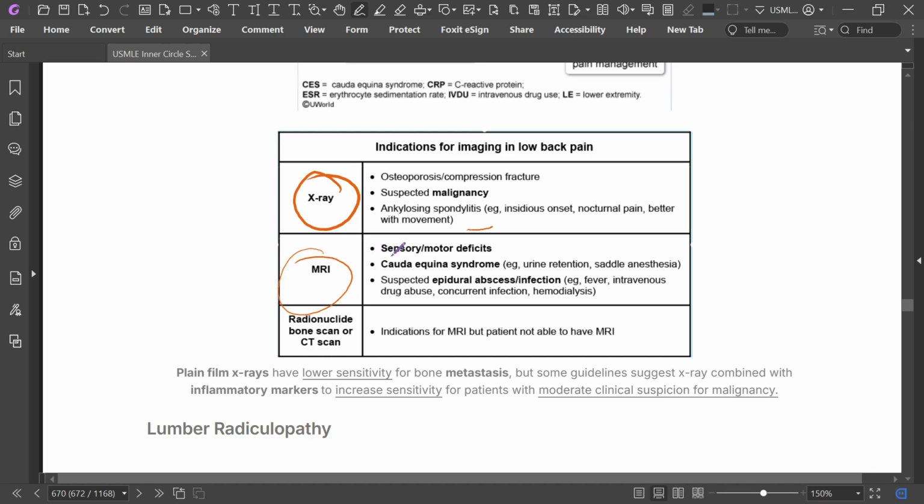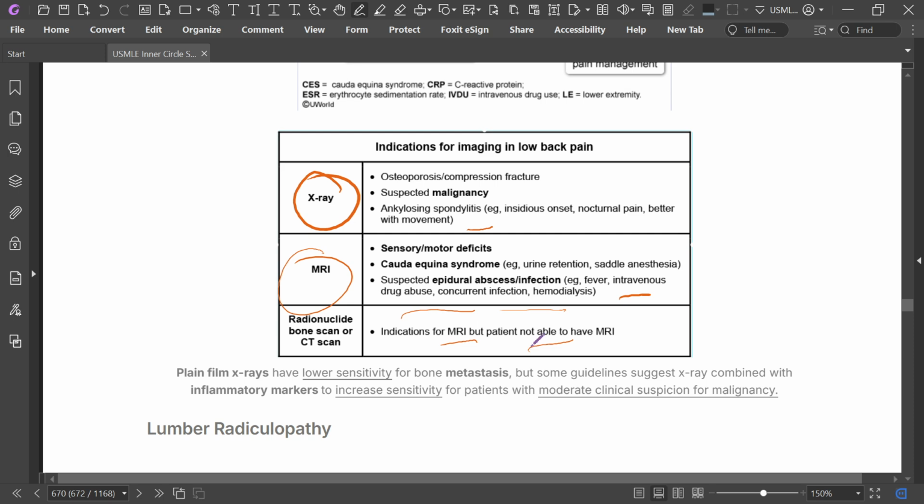MRI if there is sensory or motor deficit, cauda equina syndrome like urinary retention or saddle anesthesia, or if there is suspected epidural abscess or infection: fever, IV drug abuse, concurrent infection, hemodialysis. Radionuclide bone scan or CT scan if there is an indication for MRI but the patient is not able to have MRI.